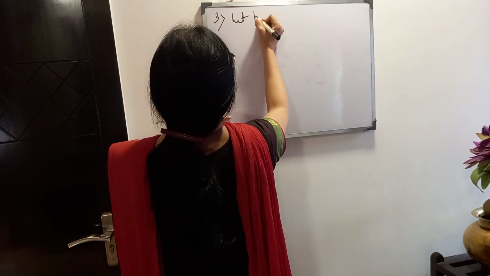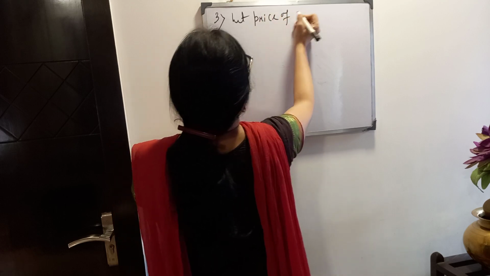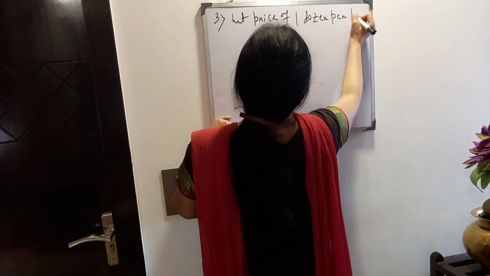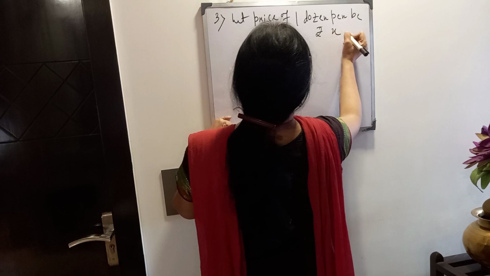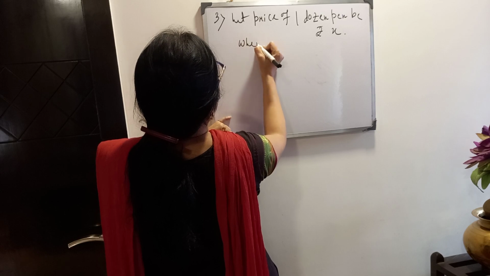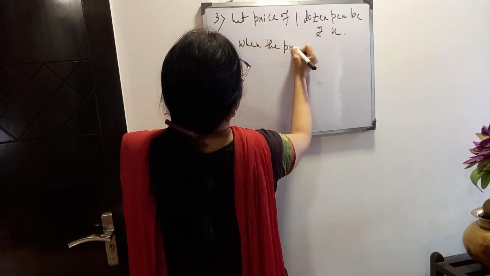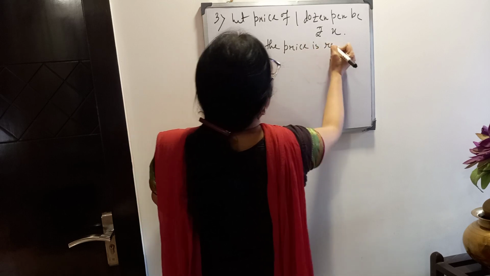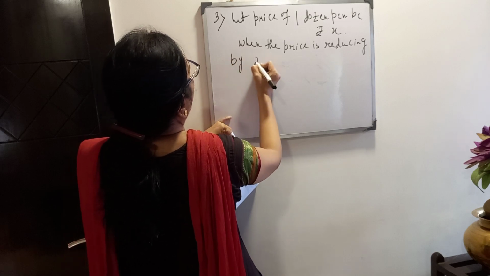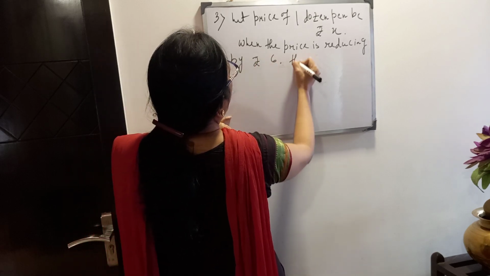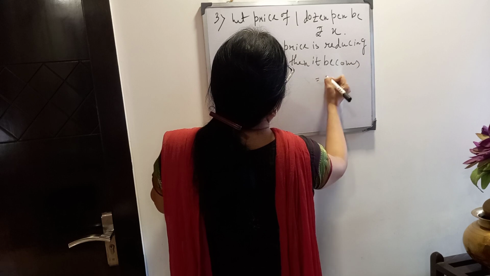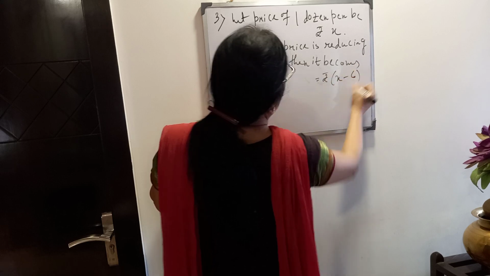Let price of 1 dozen pen be rupees x. When the price is reducing by rupees 6, then it becomes rupees x minus 6.